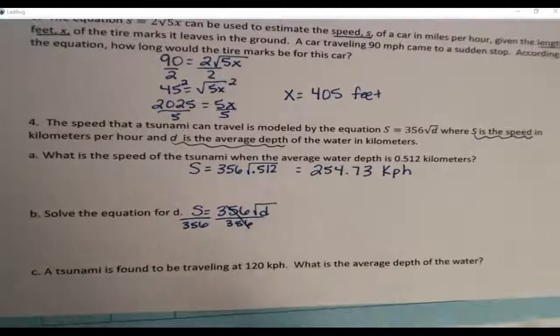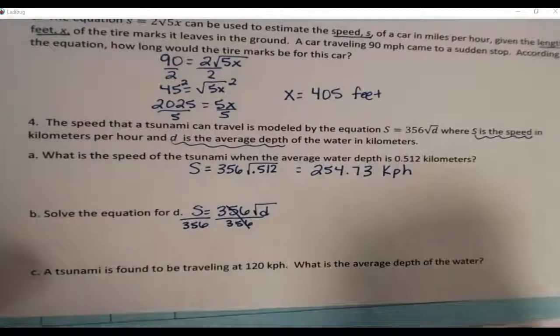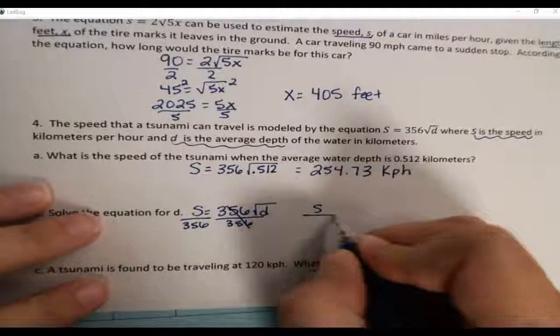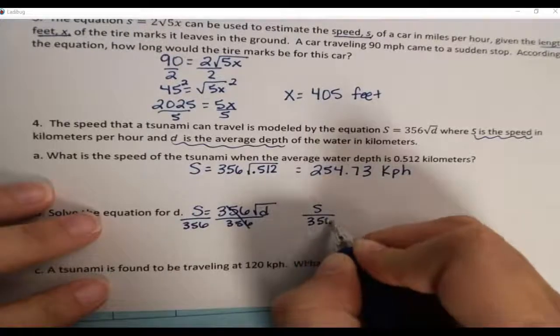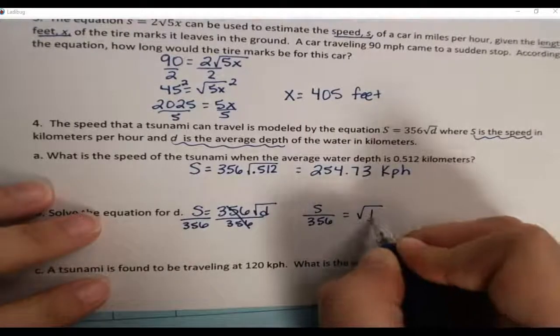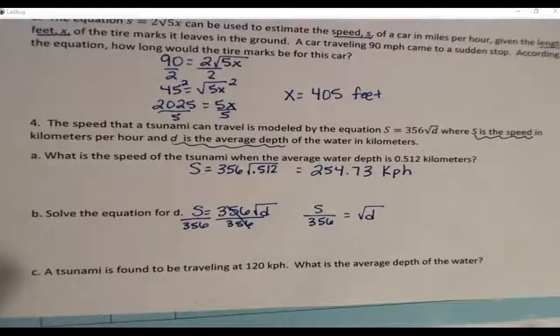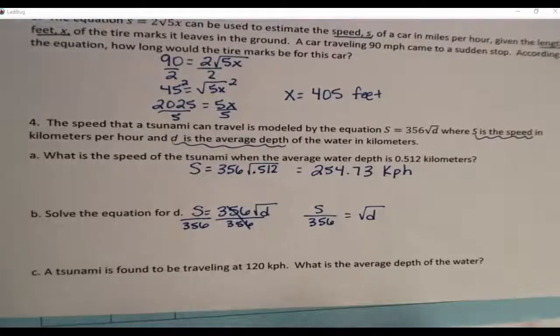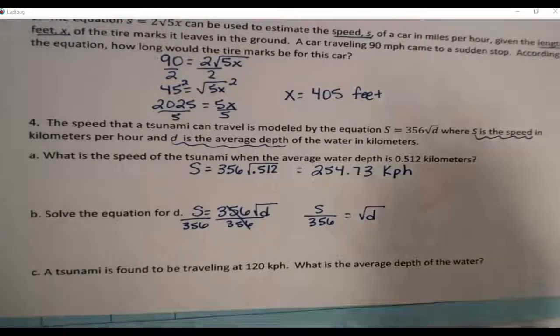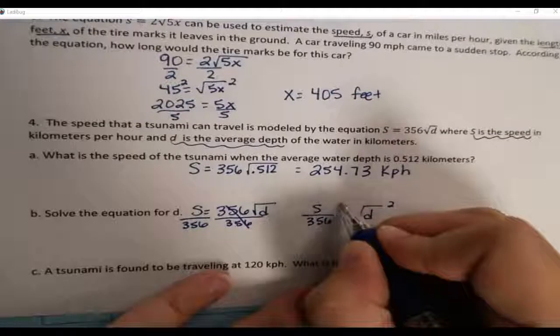Well, I don't know what S is, so we'll just keep that a fraction. So S over 356 equals square root of D. And then what would be my last step? Good. Square both sides.